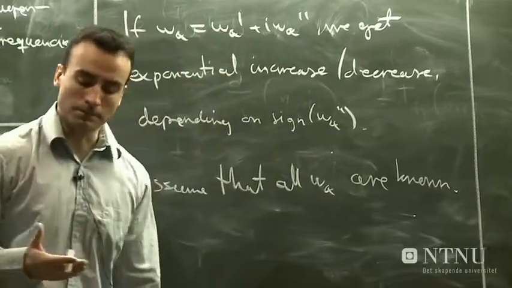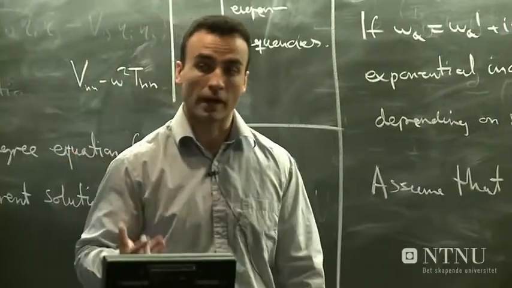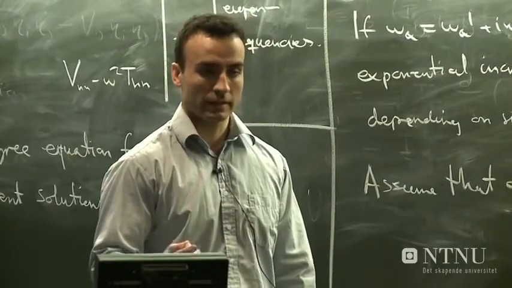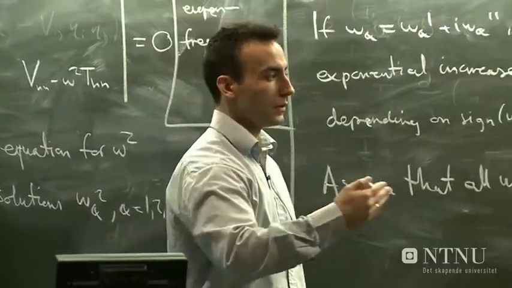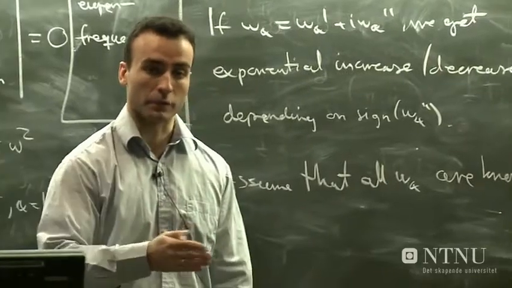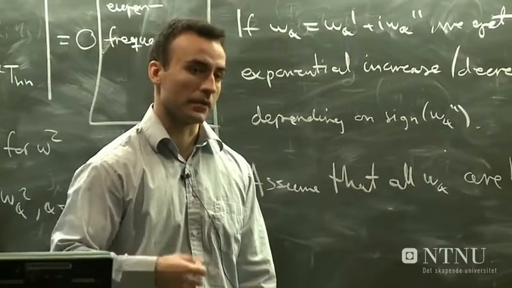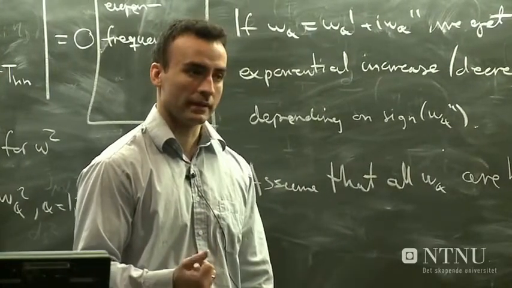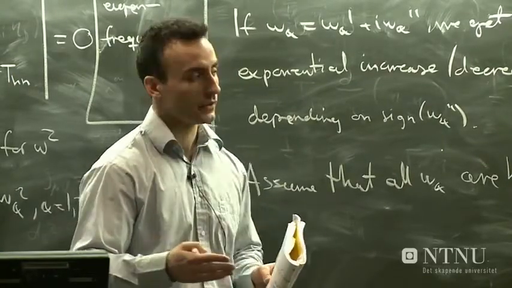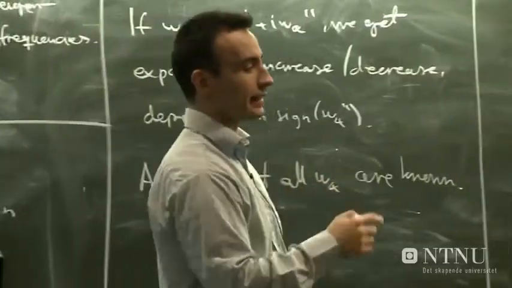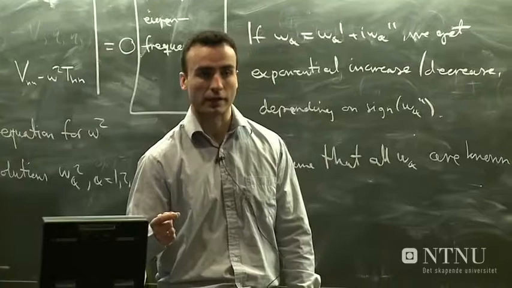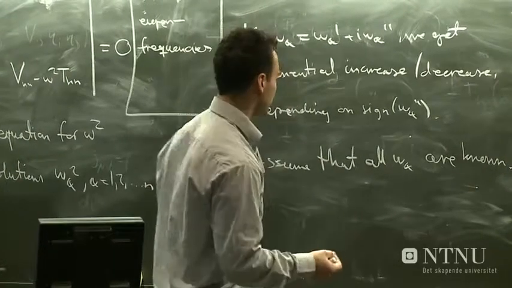If you know what all the eigenfrequencies are, we have at least partially solved the system, because we now know how the time variation of these amplitudes of the perturbations behaves. But there's one more part that we have to determine, and that is the actual amplitude of the perturbation. So keep in mind the solution looks like an exponential of minus i omega t. So we know omega, but we still have to determine the amplitude.